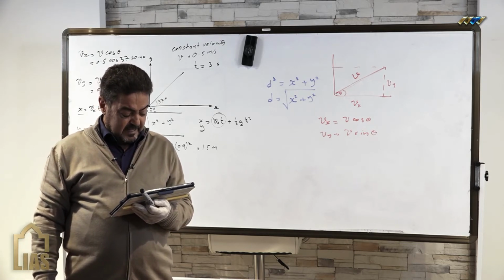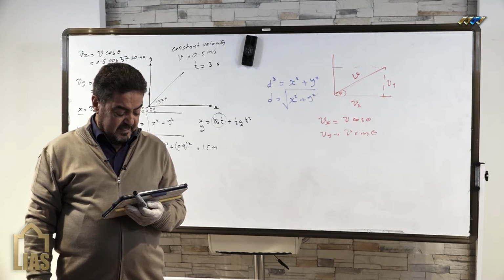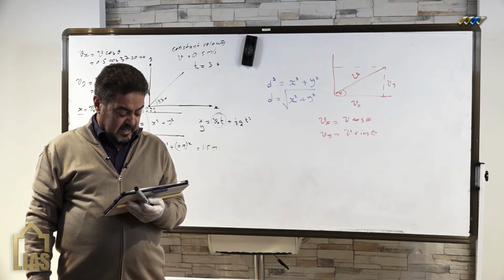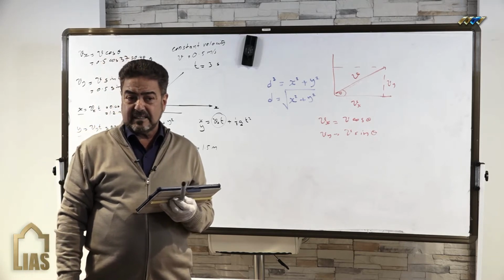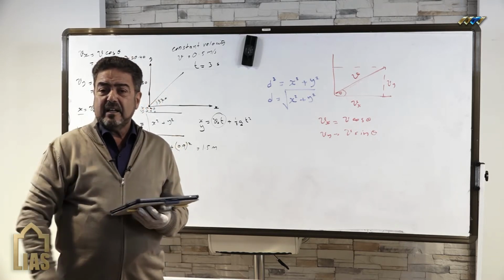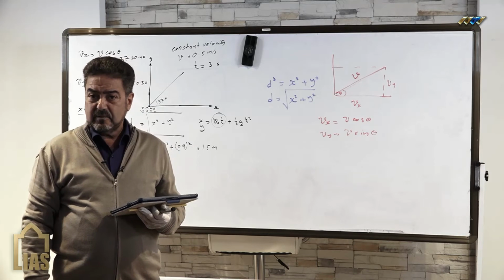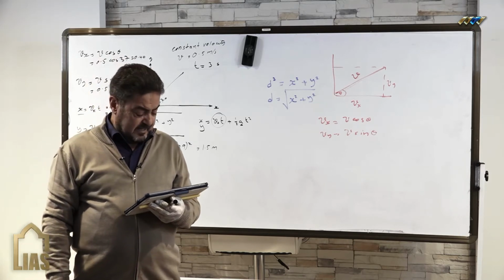Ax is 0. Ay is given. Now we have Ay and Ax. Why is Ax 0?